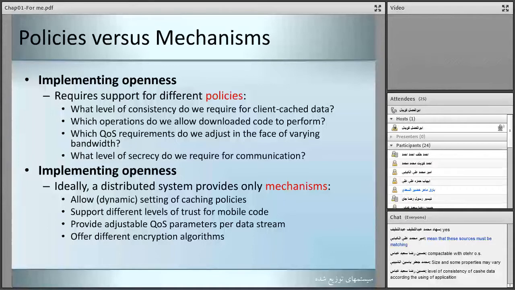And also about client cache data. What level of consistency do we require for client cache data? We can adjust the setting for cache data. For example, the size of the disk that you want to be used for caching files, caching data.